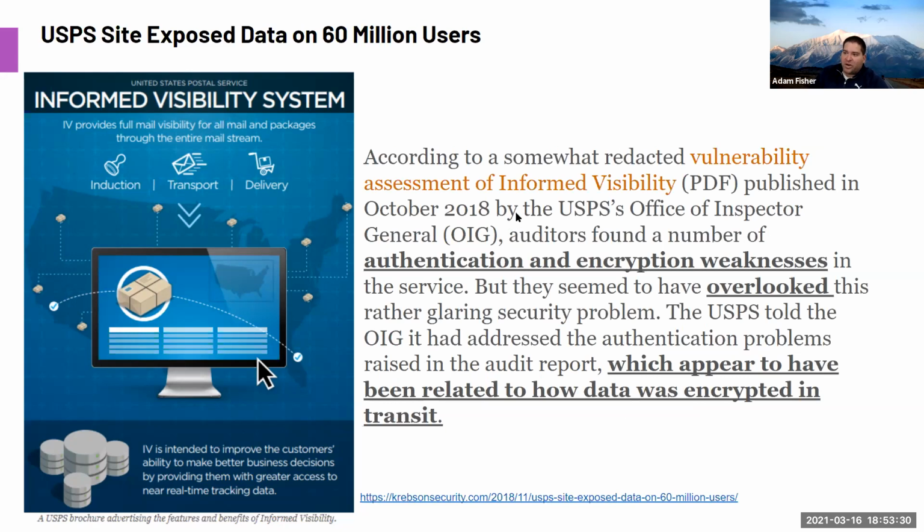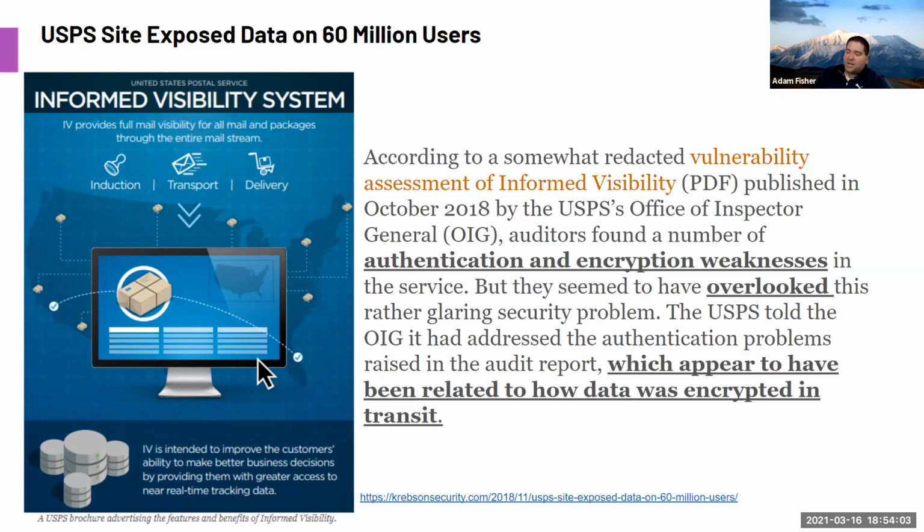I went a step further in this because what I think is funny here is this is how the old school assessments are done. They're trying now to take APIs and fit them into the older security assessments that we're all familiar with. So the Inspector General's office said they found a number of authentication and encryption weaknesses in the service, meaning, hey, you're not securing this in transit.